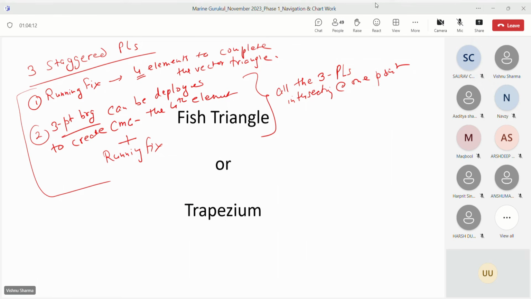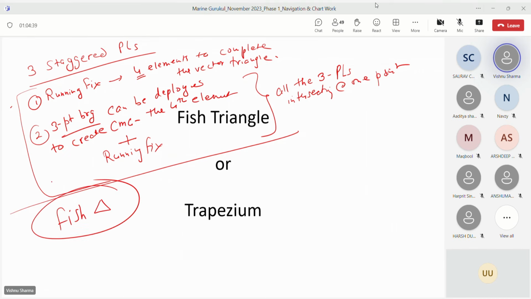So if running fix is not applicable because 4 elements are not there, now 3 elements are there, but you thought you will get CMG by 3-point bearing, but the 3 bearings are not intersecting at one point. Then when you lose on both of these, you will say, okay, let me take it to fish triangle.